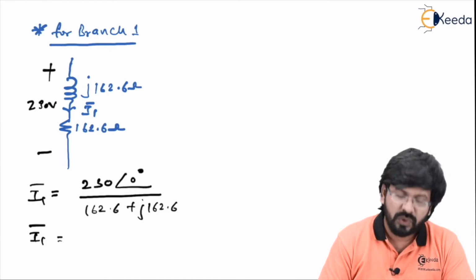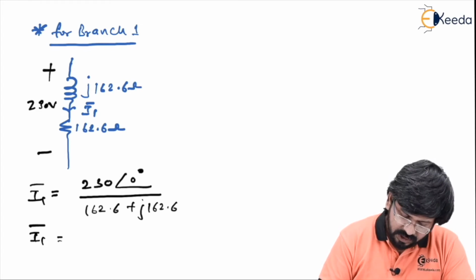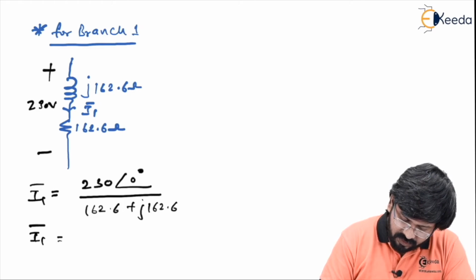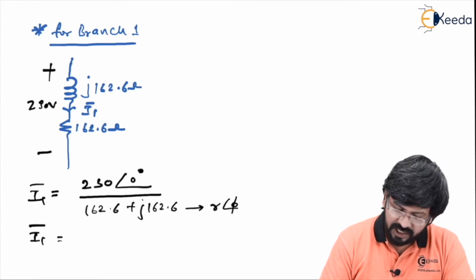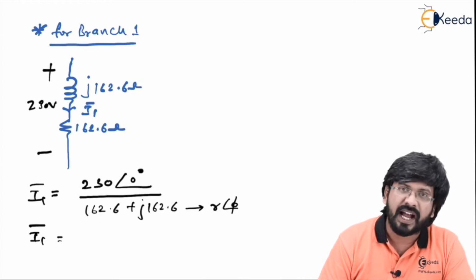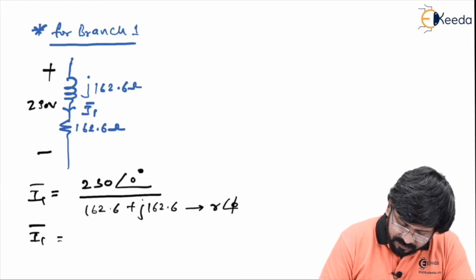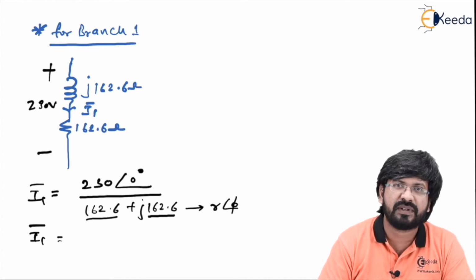You know the fact, when you are doing such calculations, numerator as well as denominator should both be polar values. So how to get the polar value for this? You have to get R at angle phi, where R is the magnitude and phi is the phase. The magnitude is the square root of real part squared plus imaginary part squared, and the angle is tan inverse of imaginary upon real. In this case, at least the angle we can determine directly. 162.6 are the same, so y by x becomes 1, and tan inverse of 1 is 45 degree.